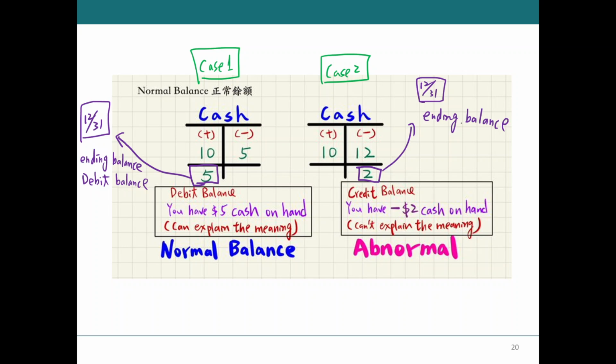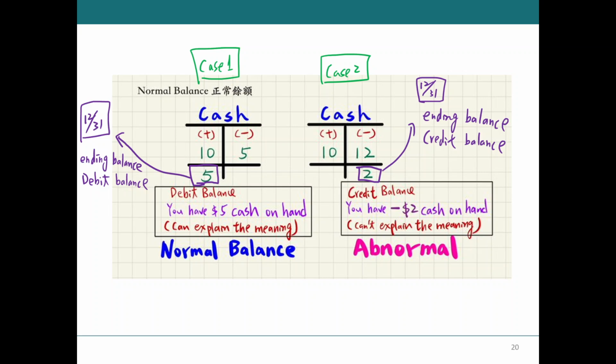Okay. So based on cash, based on asset, what we want to talk about is we have $5 debit balance. We have a $2 credit balance.